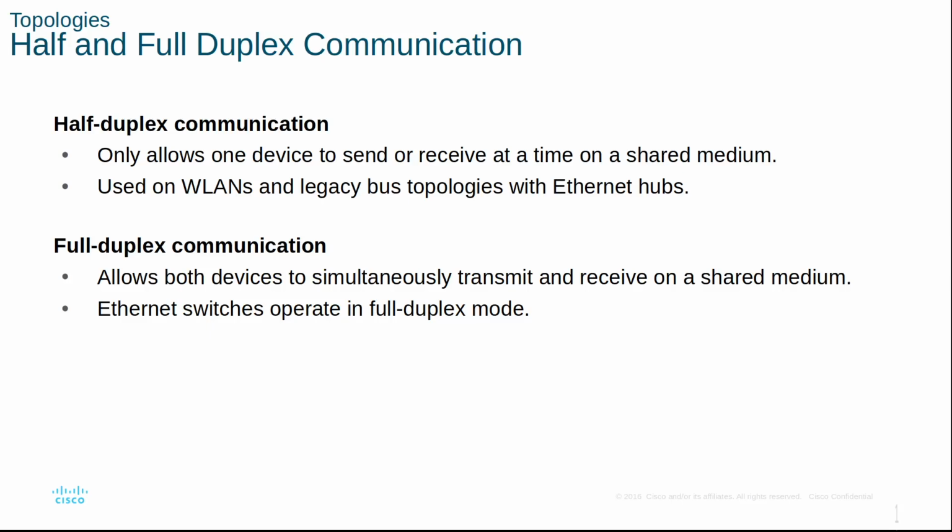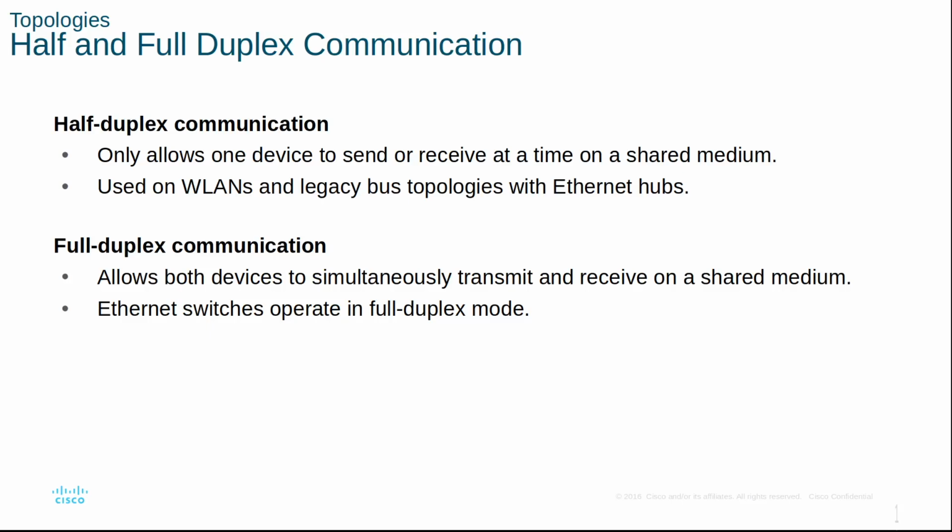You see half duplex in wireless. It's one of the reasons why it's slower than a wired connection. And if you've got a legacy bus topology with a hub, which hopefully you don't see, but if you see anybody with a hub, convince them to replace it with a switch because they're better. But that's where you might see half duplex communication.